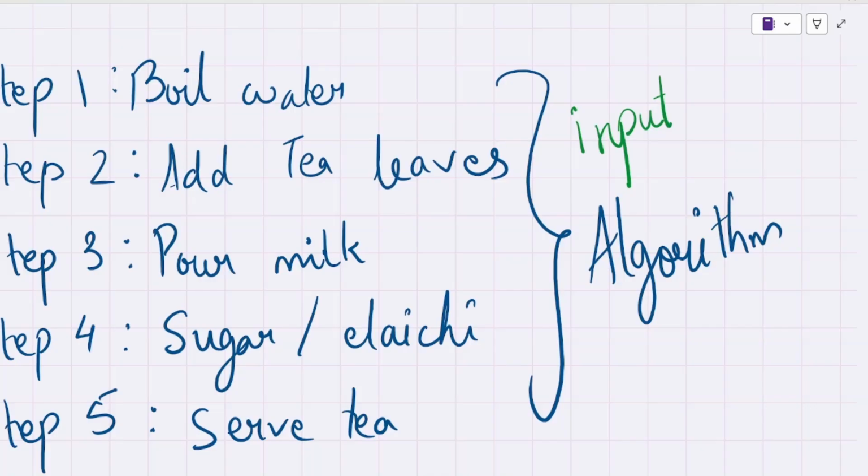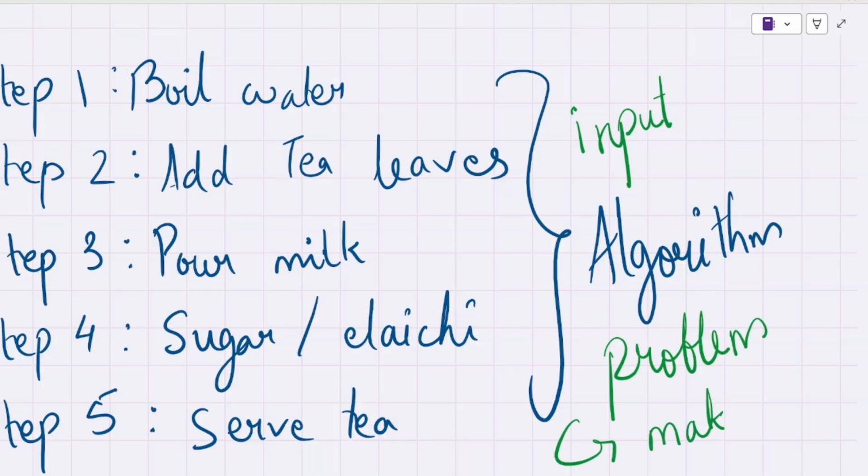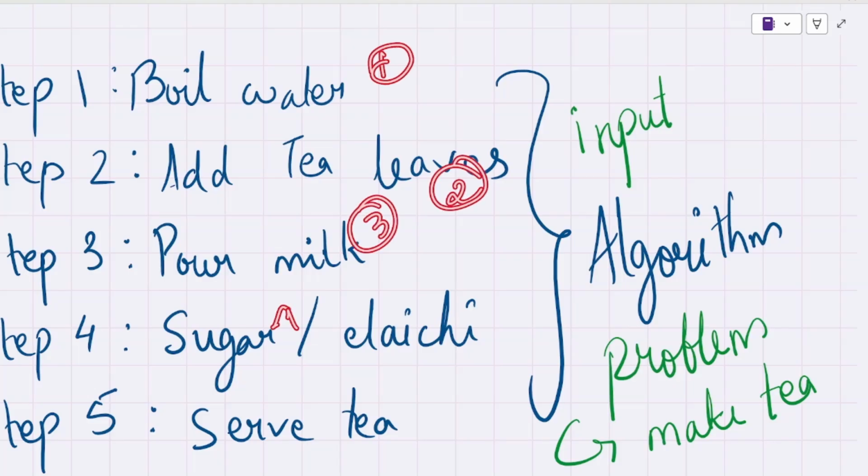First of all, we have a problem. What was the problem we faced here? We need to make tea. In order to make tea, we required certain number of inputs. How many inputs did we have over here? Water is 1, tea leaves 2, milk 3, sugar 4, elaichi 5. 5 inputs.